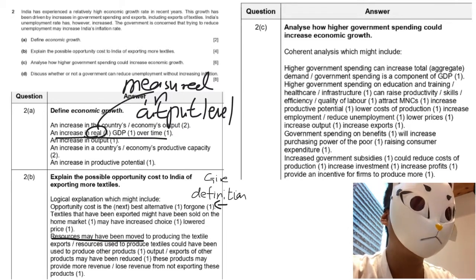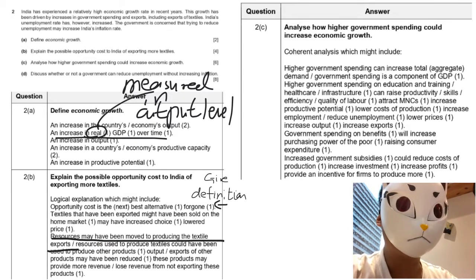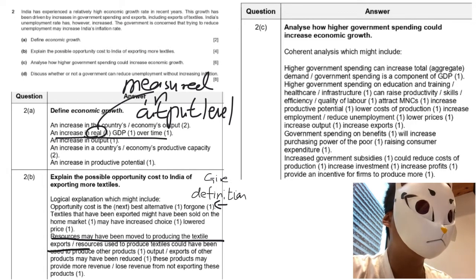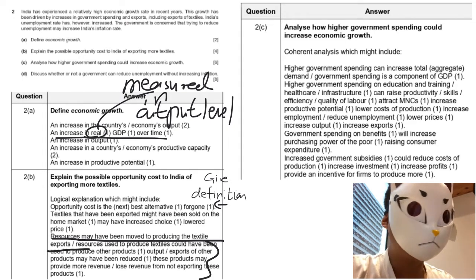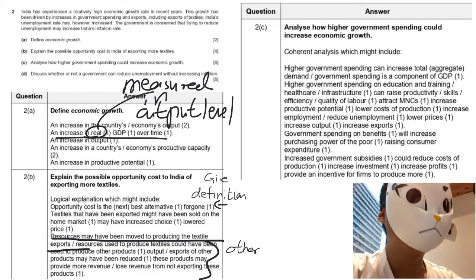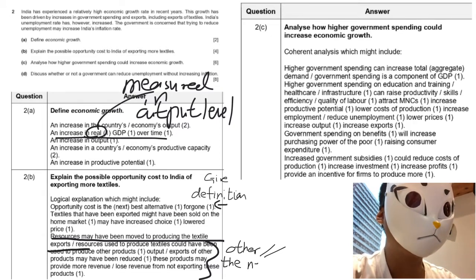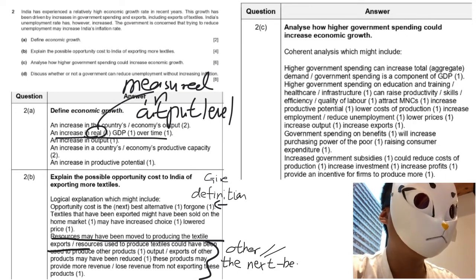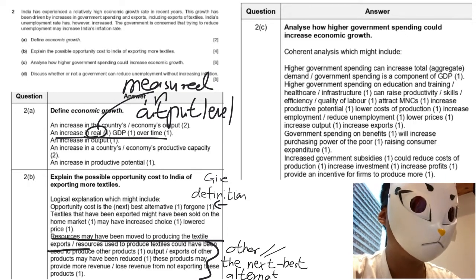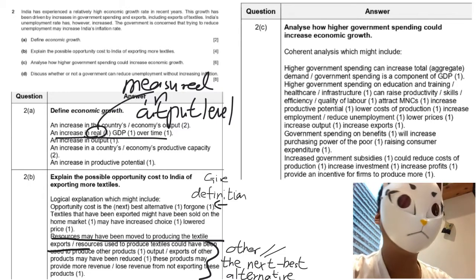For more export, that means they've moved to export, so there are fewer resources for other things. Or you may talk about the next best alternative, the return on the next best alternative. That would be the answer for part B.